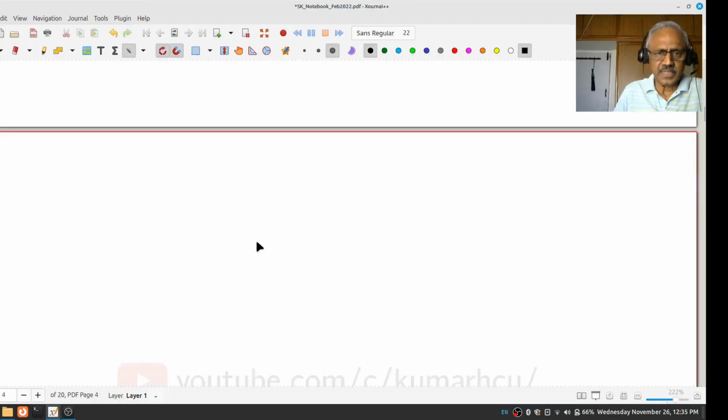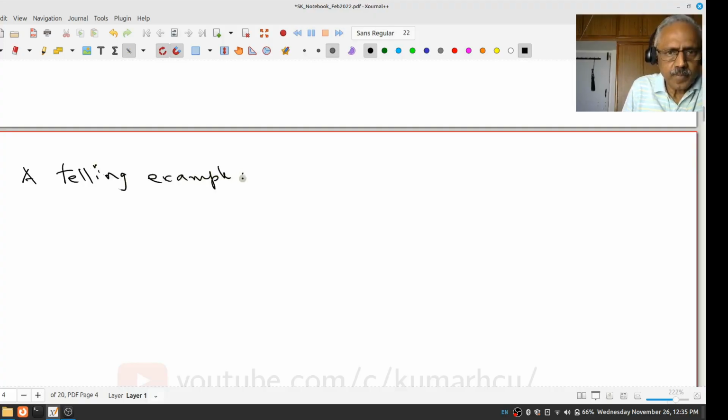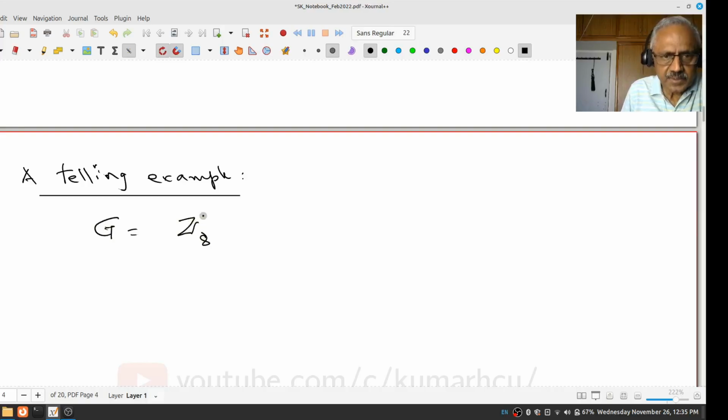So a telling example is this. Suppose my G is Z8 star, that is units in Z8, that we know are the relatively prime numbers under multiplication: 1, 3, 5 and 7.